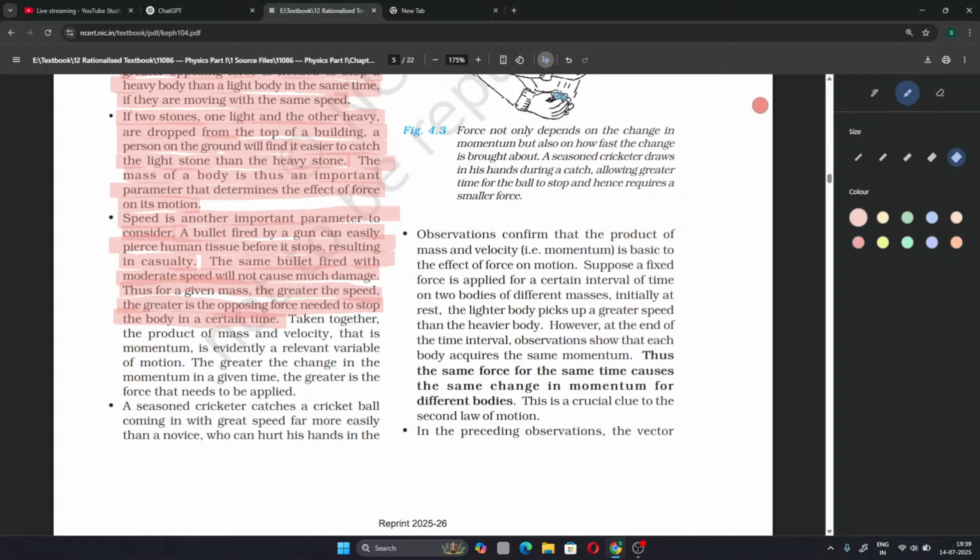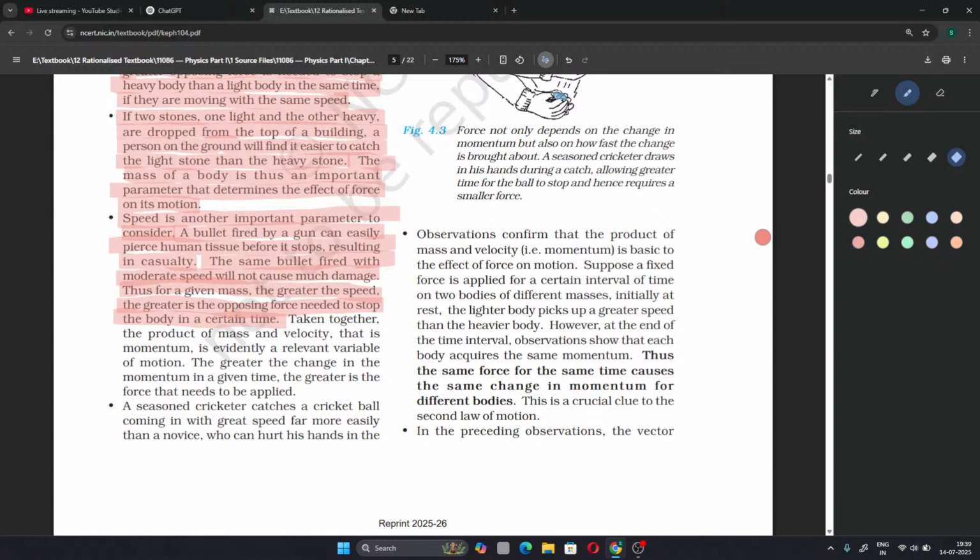Basically, the force to stop the body, or affect the motion of the body, depends on the mass of the body as well as the speed of the body. This is in case it is a moving object.